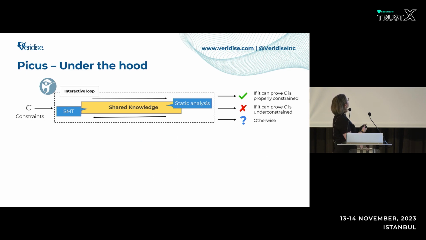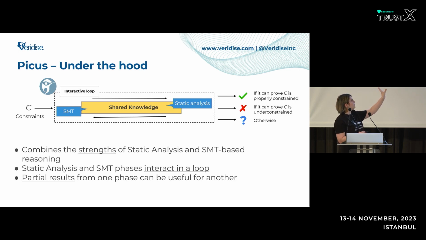All right, so how does Picus look under the hood? Basically, there is an interactive loop between the SMT part and the static analysis part of it. So there is this sort of shared knowledge between them. So for instance, when the SMT gets stuck, it can use some help from the static analysis, and the loop continues to run.